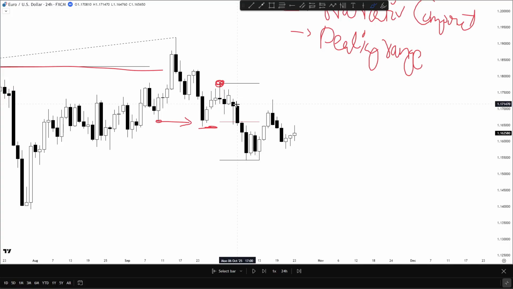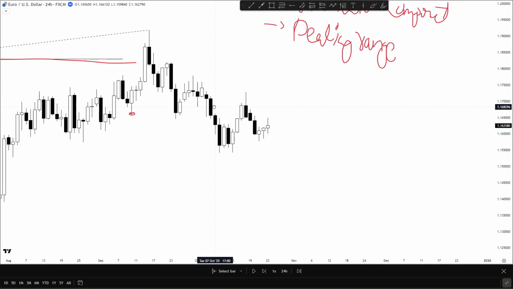It also had an SMT with GU, and then we confirmed the high here with this candle range, and then we validated this candle range in the SMT with a 4-hour structural shift that happened here. From that point on, I started expecting price to have a bearish range expansion profile lower. That is what happened in the last 2 to 3 weeks.